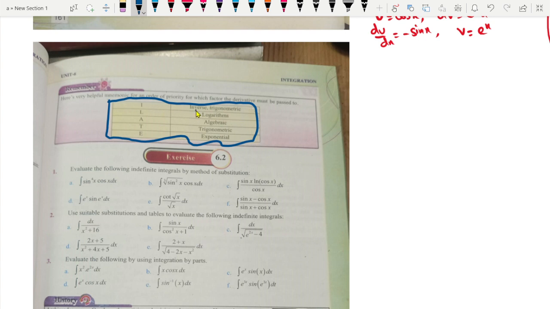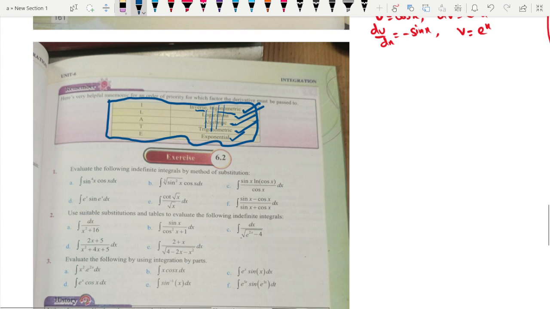When you have an inverse trigonometric function, take it as u. When you have only logarithmic functions, take it as u. When you have algebraic functions and no inverse trigonometric or logarithmic function, take it as u. When you have a trigonometric function and none of these three are present, take it as u. When all these functions are not present, only the exponential function is present, take it as u.